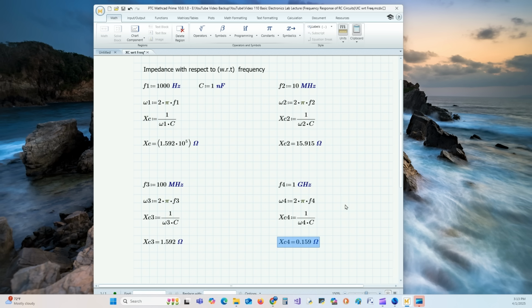If it's in an RC circuit and the capacitor has one end to the ground and the other end to the resistor, at 1 gigahertz it's going to appear as 0.1 ohm, essentially ground. That would create a low pass filter. Everything below 1 gigahertz would pass, but 1 gigahertz and above is going to be stopped.